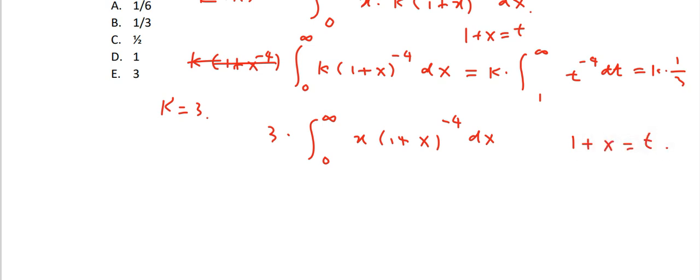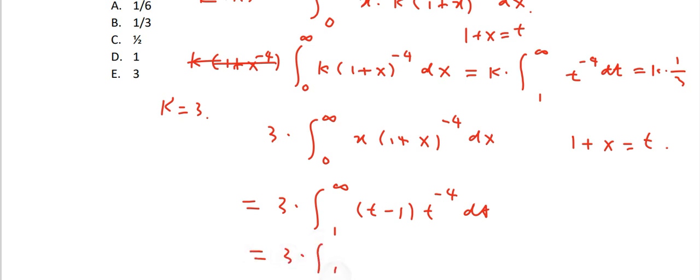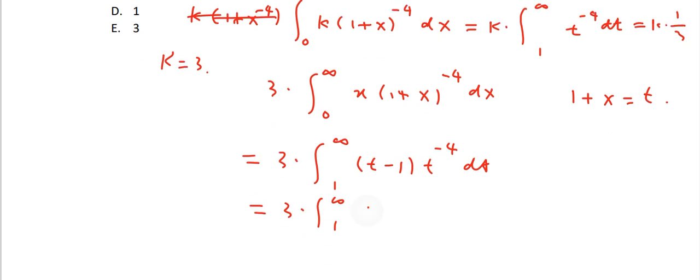So this is 3 times the integral from 1 to infinity, where x is t minus 1, times t to the negative 4 dt. So here we have t to the negative 3 minus t to the negative 4 dt.